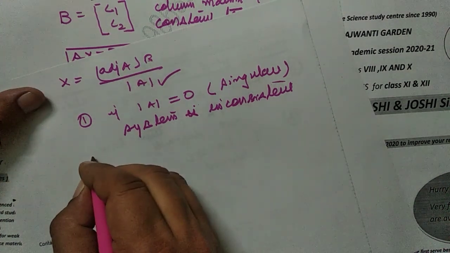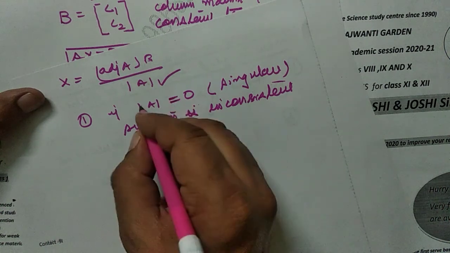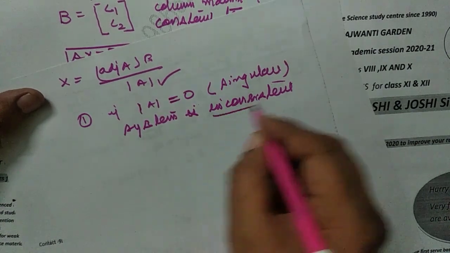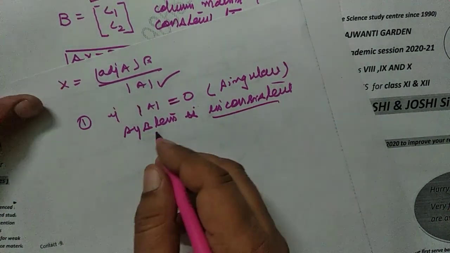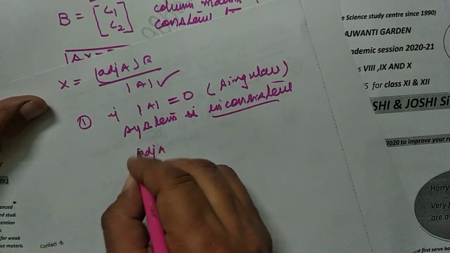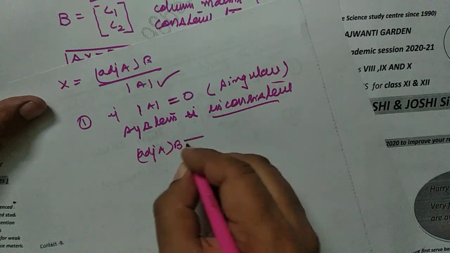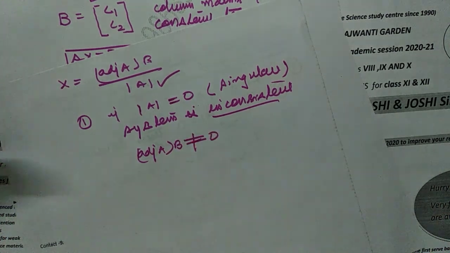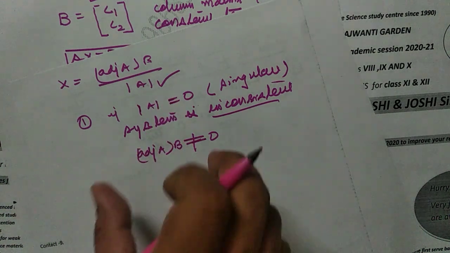Second case, if determinant of A is equal to 0, but to declare it inconsistent, we will also check one more thing: if adjoint of A into B is non-zero. Okay, the total statement. Earlier I stated that was a half statement.